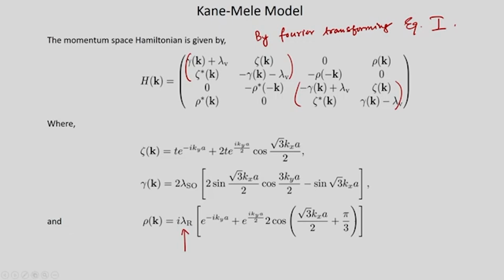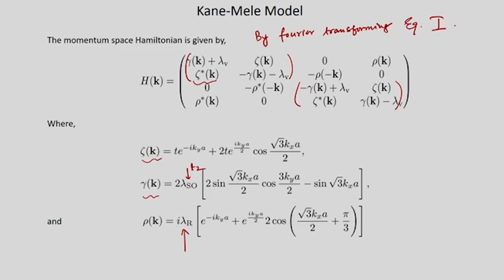And the various other things which are written here, which is xi k, and the gamma k is also there, which are part of nothing but the T2, the Haldane term. So it's a spinful Haldane term here, and the kinetic energy term which is there in graphene is the tight binding kinetic energy that is given by the xi k, gamma k and rho k, and this is the 4 by 4 Hamiltonian.